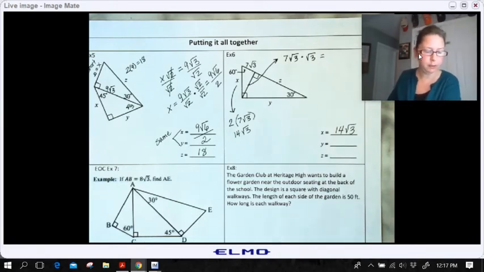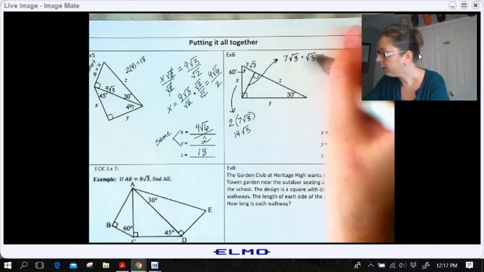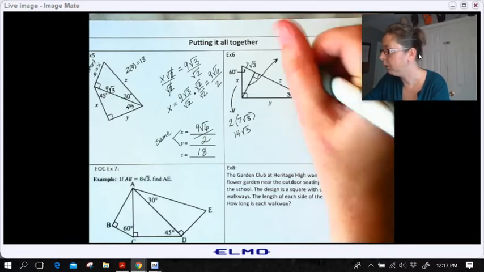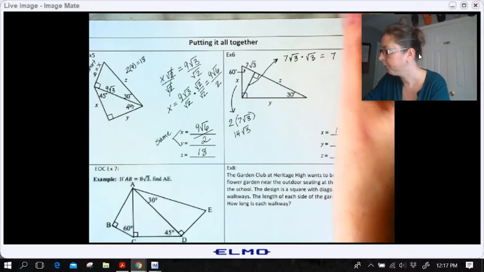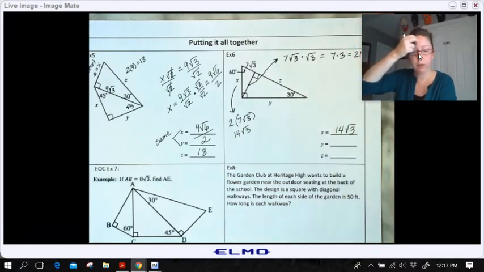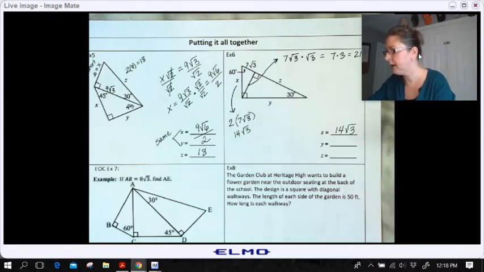And when I do that, I end up with, square root of 3 times the square root of 3 is just, let's see, 7 times 3, which is 21. So I have 21 for this. 7 square roots of 3 times the square root of 3 should be 21. Okay. And now there's nowhere to write that answer, so it wasn't anything that they had asked me for.